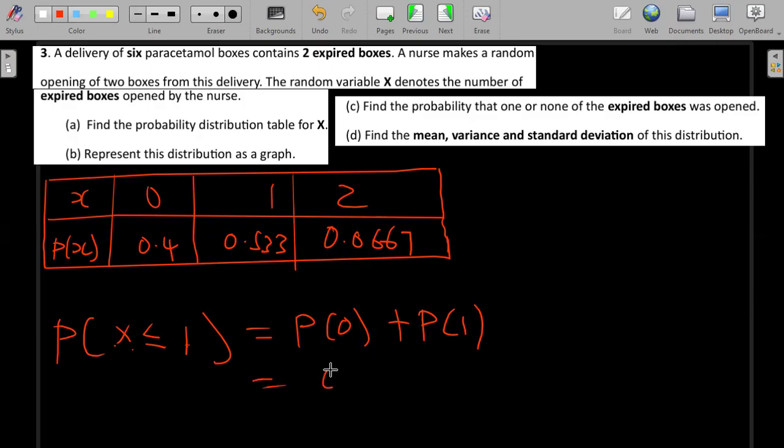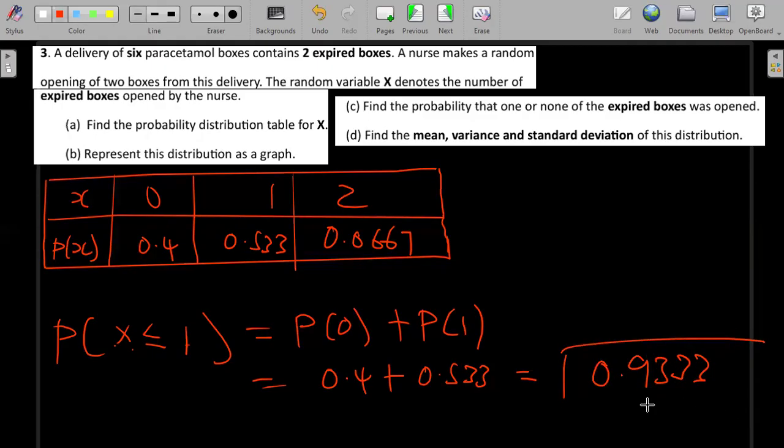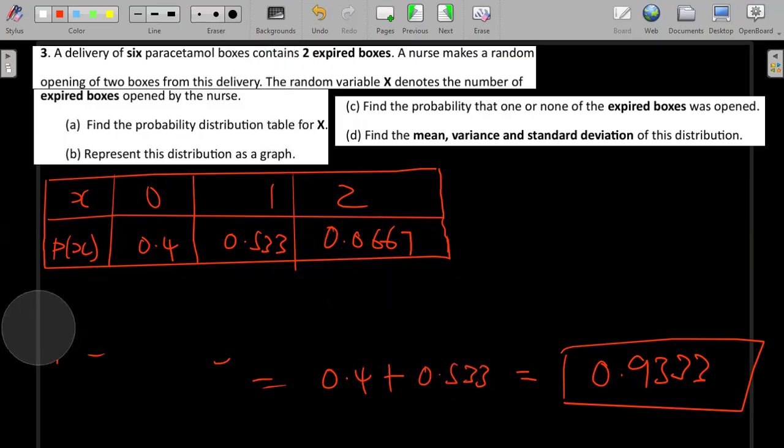The probability of 0 is 0.4 plus the probability of 1, 0.533. You add those, you're going to get 0.9333. So this here is the probability that 1 or none of the expired boxes were opened. All right, we move.